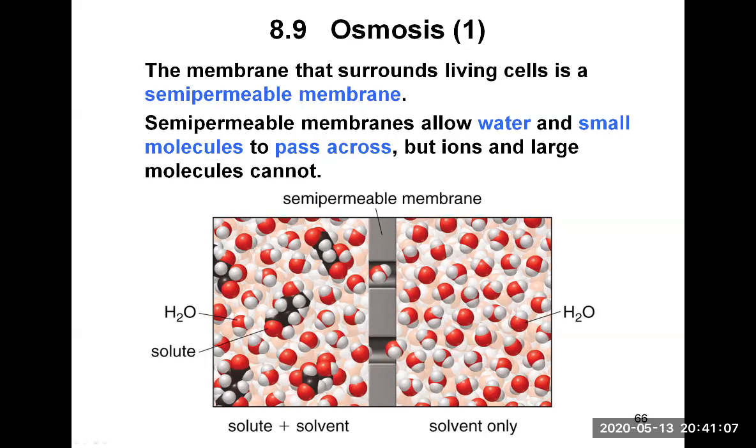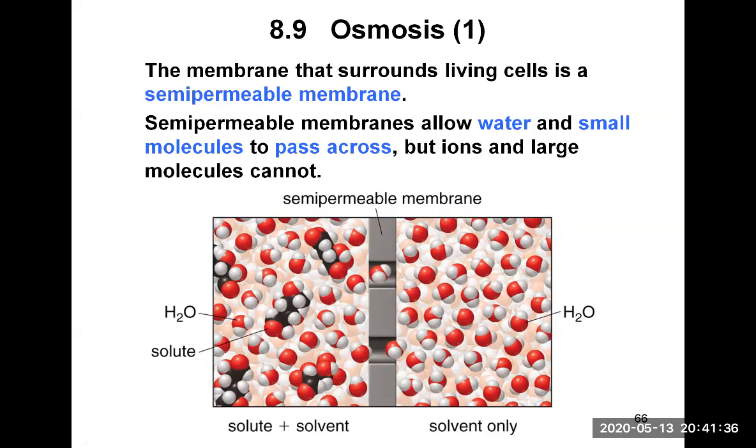On the right side we have a solvent only, which is water, and on the left side of the semi-permeable membrane we have water and another molecule that is a solute, and by the look of it, it looks like glucose. Glucose is too big a molecule to go through the pores of the semi-permeable membrane of living cells.